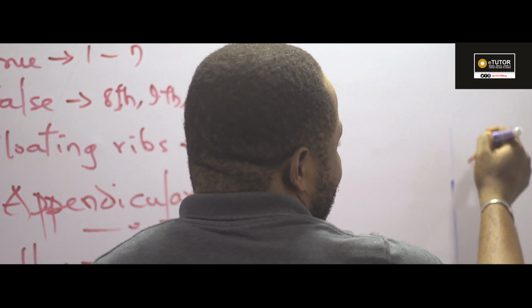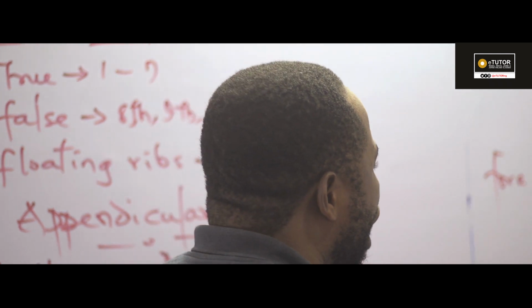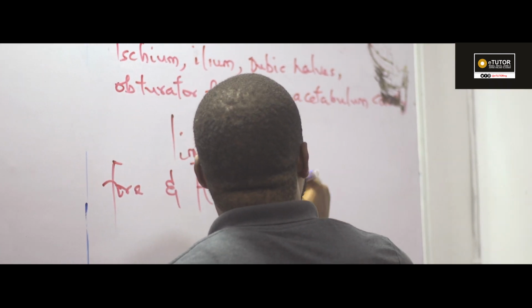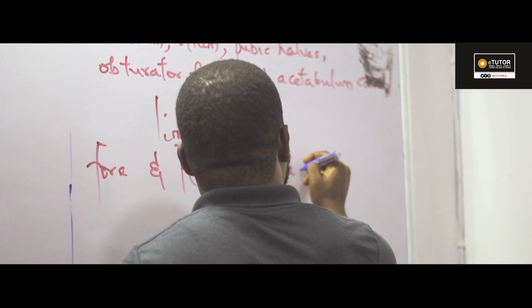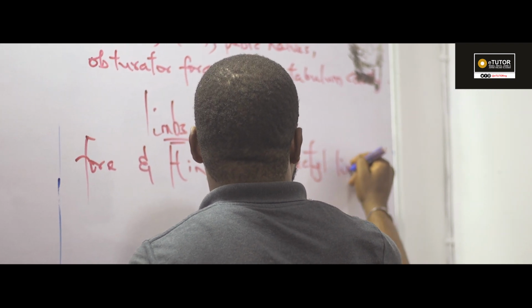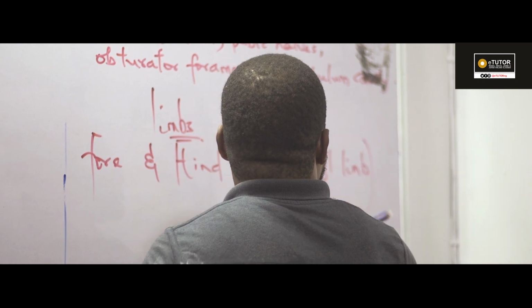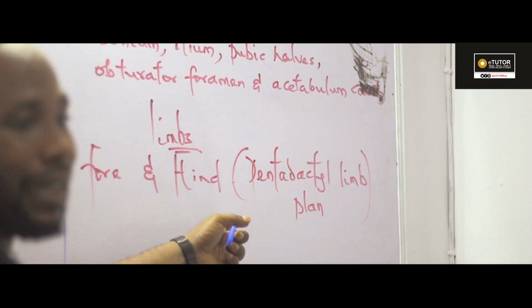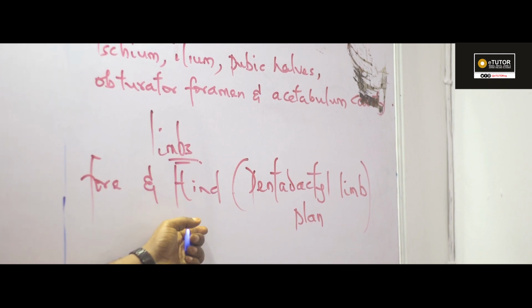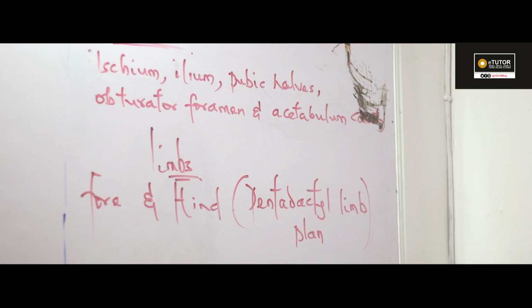So, the plan for both forelimbs and hind limbs is called the pentadactyl limb plan. This plan shows that the number and the arrangement of bones in the forelimbs and hind limbs are the same.